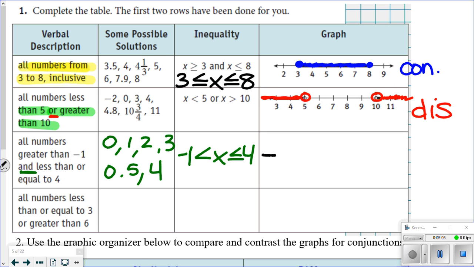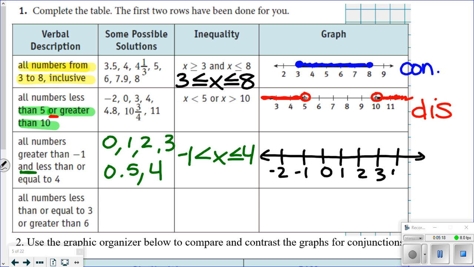So I'm going to draw a simple number line. I have an open circle at -1. I have a closed circle or a filled in circle at 4.